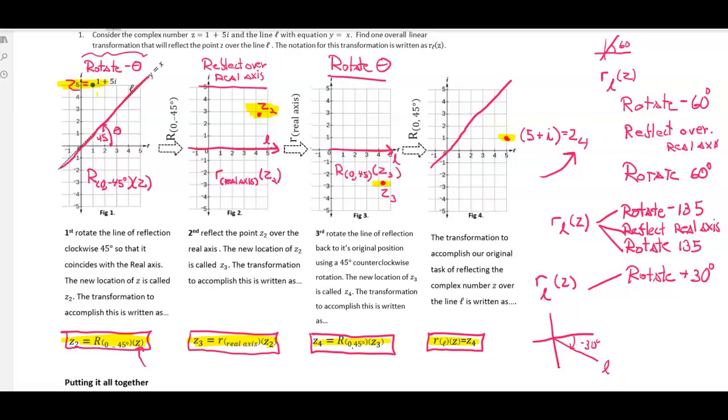The opposite of the angle. If the angle's negative 30, you're rotating positive 30. Now what's the second step? Reflect. Third step. Rotate what? Negative 30. And that's how you would achieve that. By doing those 3 things, you'd end up reflecting it over this line right here.